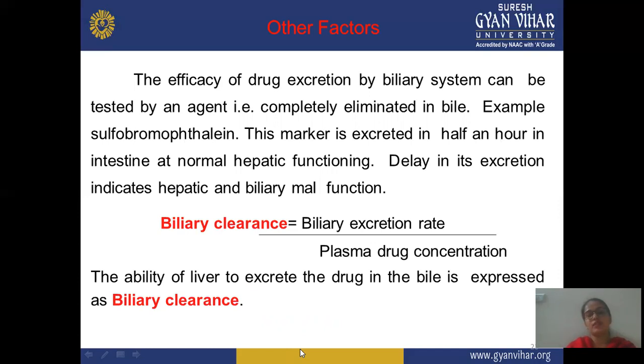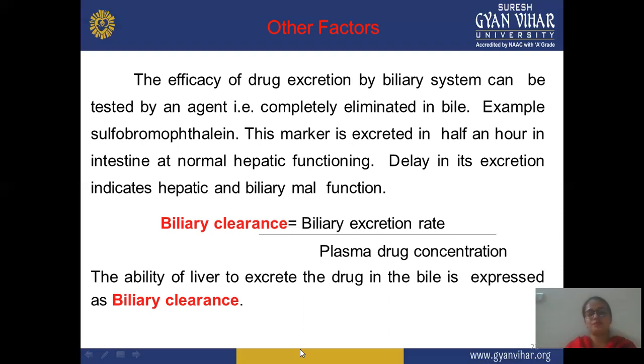Sulfobromophthalein is a drug indicator used for this check, and the marker is excreted in half an hour into the intestine at normal hepatic functioning. Just half an hour is sufficient to sample for testing biliary excretion. And delay in its excretion indicates hepatic biliary malfunction.